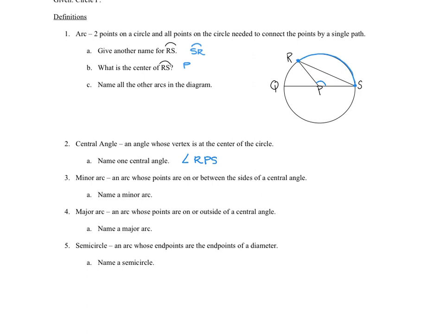A minor arc is an arc whose points are on or between the sides of a central angle. So in this case, arc RS is a minor arc. We use 2 points to indicate minor arcs.